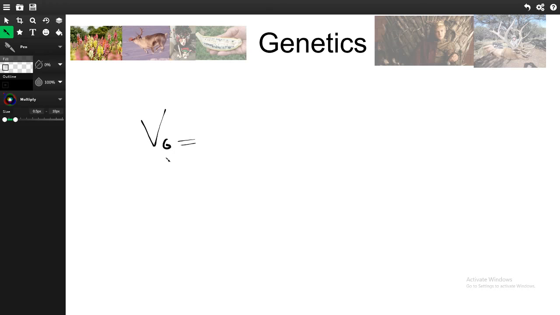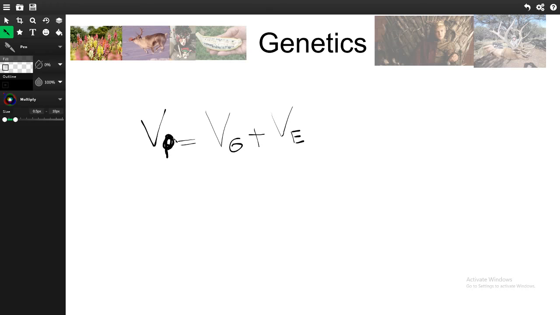VP equals VG plus VE. Now, what does this mean? This means variance. All these V's stand for variance. VP is the variance of a phenotype in a population, and this is what is actually measurable.